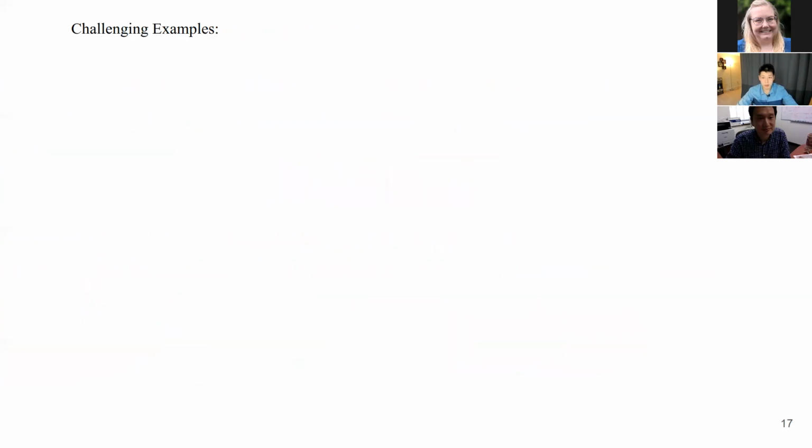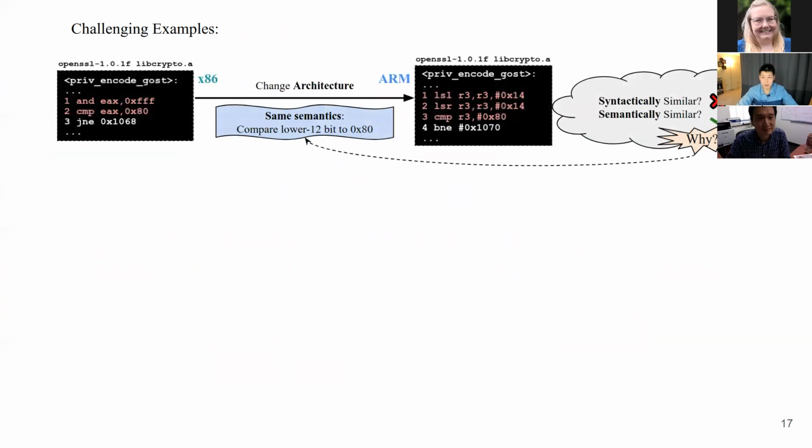Here are some examples of why understanding binary program execution semantics is important. The first example, in the first row, illustrates two binary functions compiled from the same exact implementation, but to different architectures. Both functions are comparing the lower 12 bits of a register to a constant.